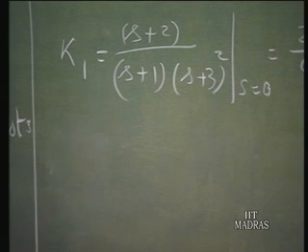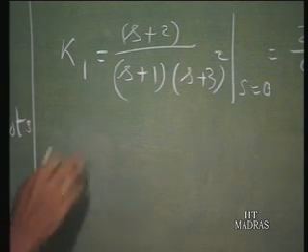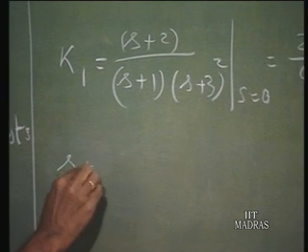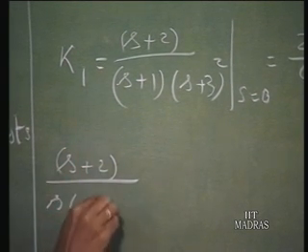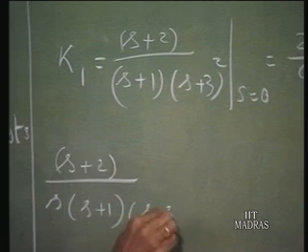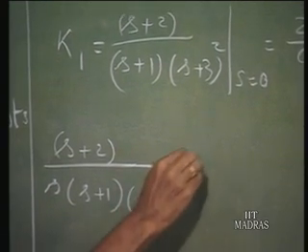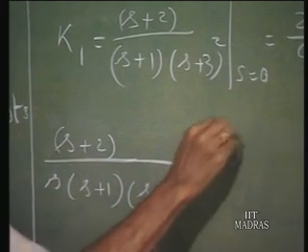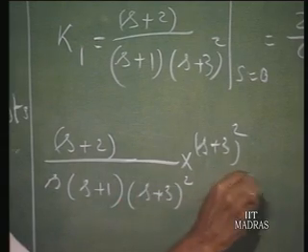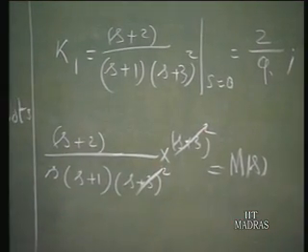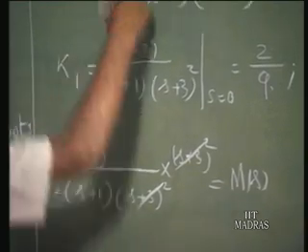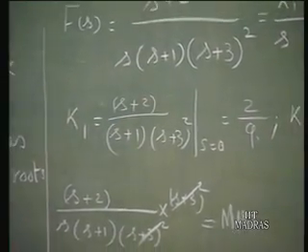Let us suppose I write s plus 2 over s times s plus 1 times s plus 3 whole squared, and multiply this by s plus 3 whole squared, so that this term will be cancelled out. We will call this M of s. That is, on multiplying this by s plus 3 whole squared, I get M of s.